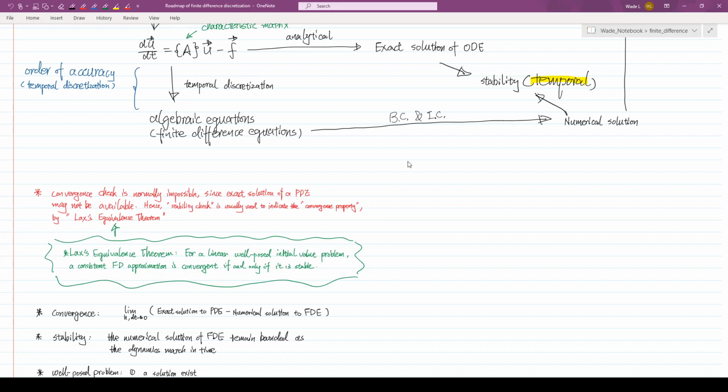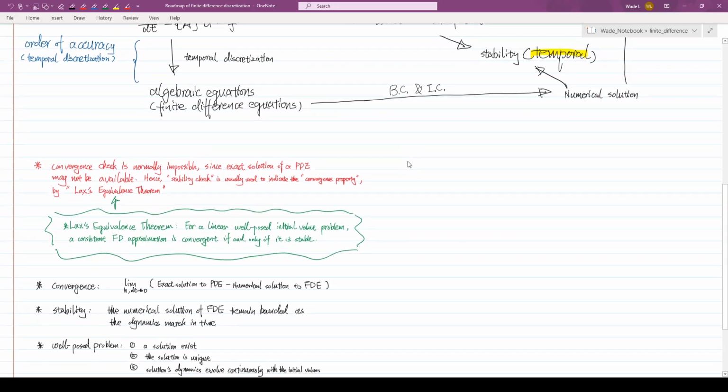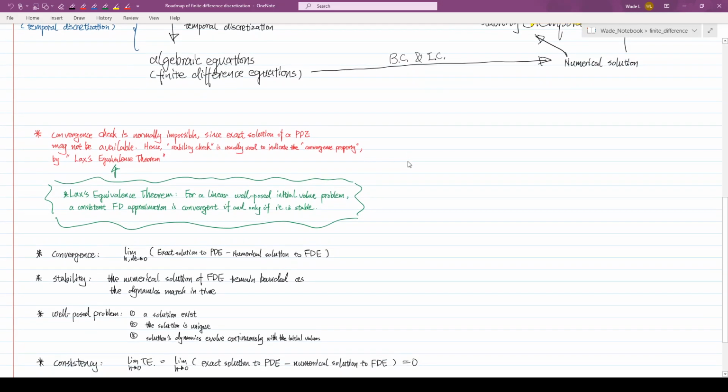To evaluate the convergence property of the numerical discretization, we take the limit of the difference between the exact solution to the governing equation and the numerical solution of the differential equation as the mesh size and the time step are refined toward zero.